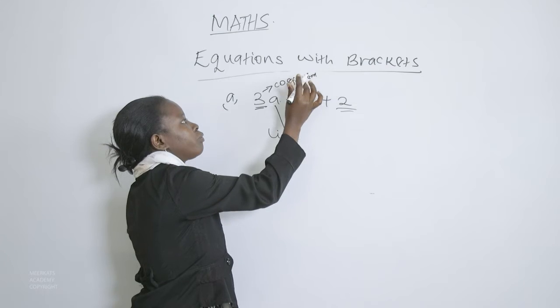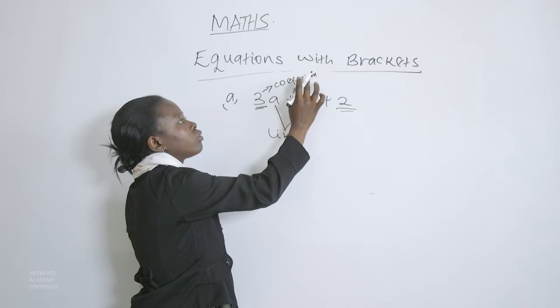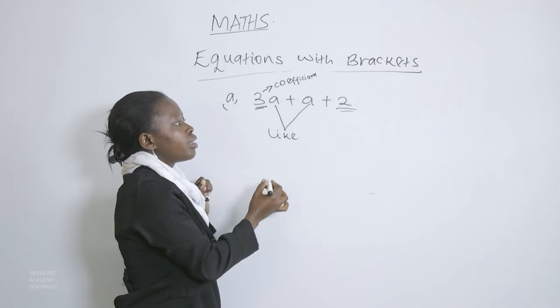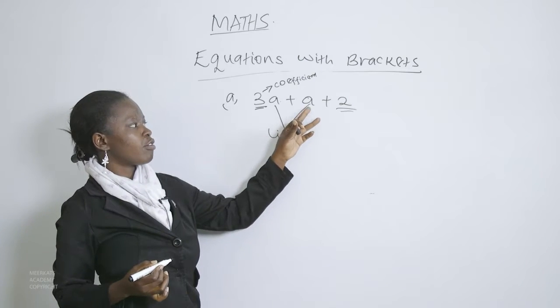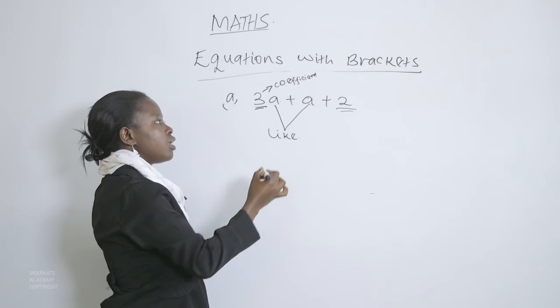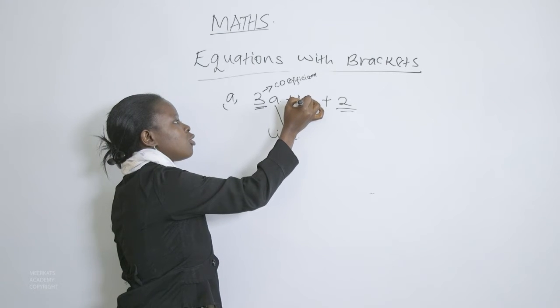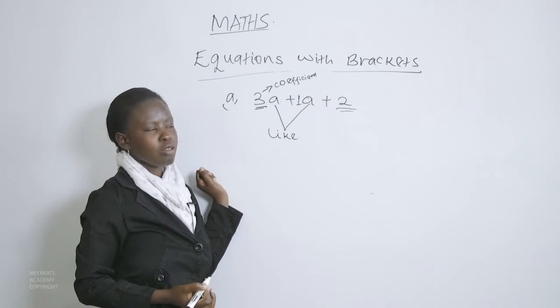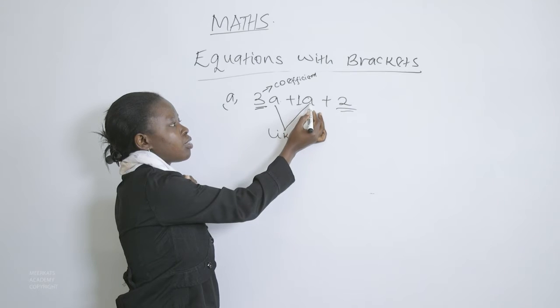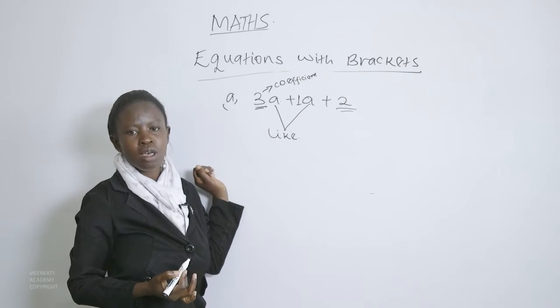In our a, if you only have a letter that has been written, it means the number before the letter is 1. So the coefficient in this case, for a, is 1.